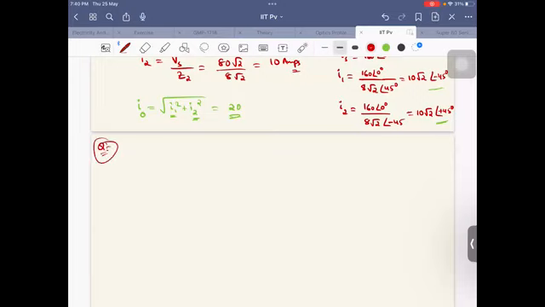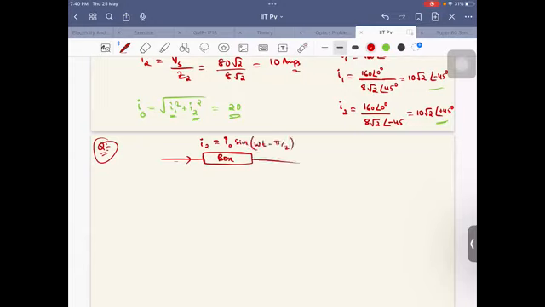Now I'm giving one question, so try solving this. There is a circuit like this, with some box; we don't know what is in that box. They're telling that the current flowing through it, I2, is given as I naught sine omega t minus pi by 2.